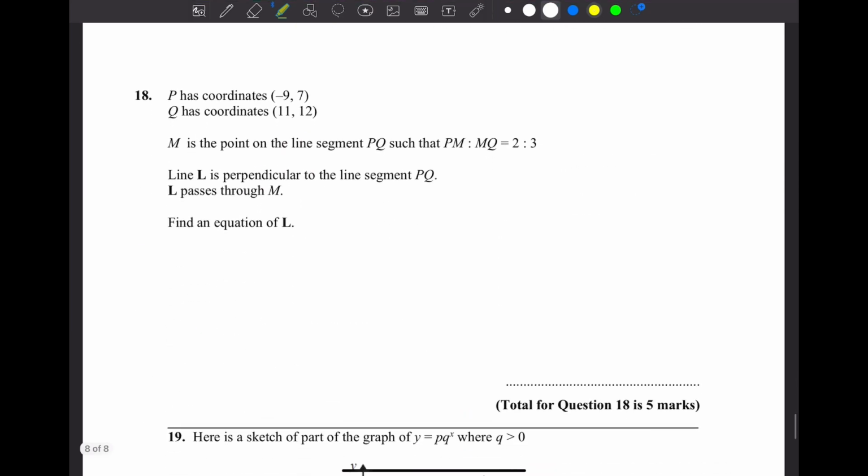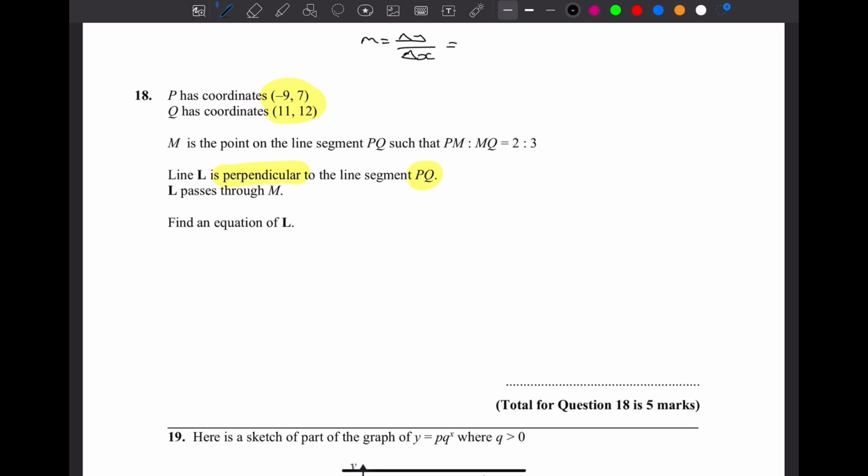Next one. M is a point on the line segment. The line L is perpendicular to PQ. So what you should always look at is PQ, these two points. Perpendicular. So let's work out the gradient of this. Gradient is change in y over change in x.